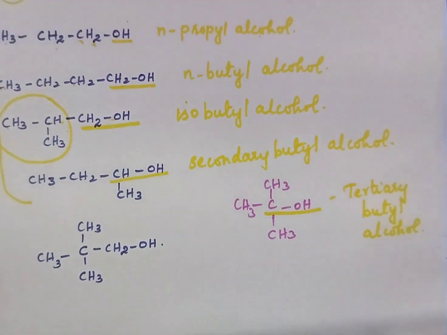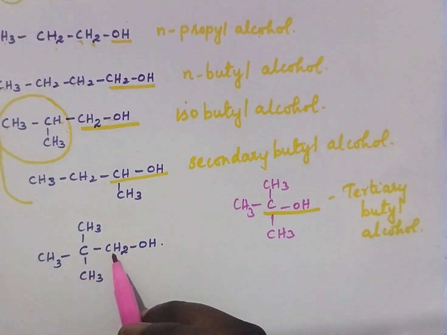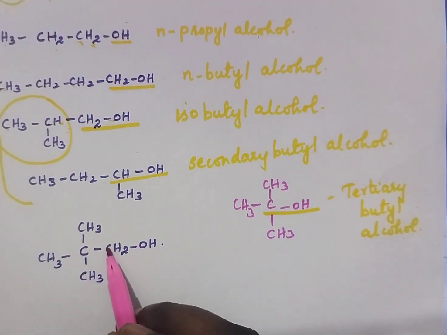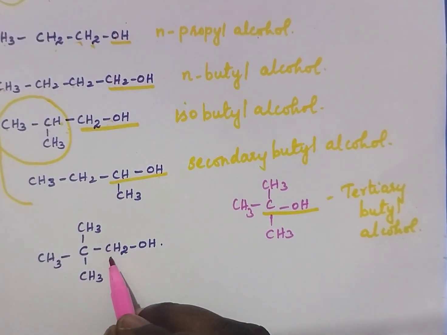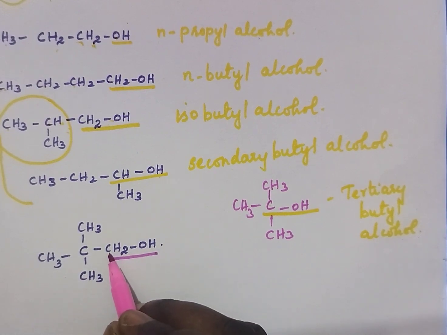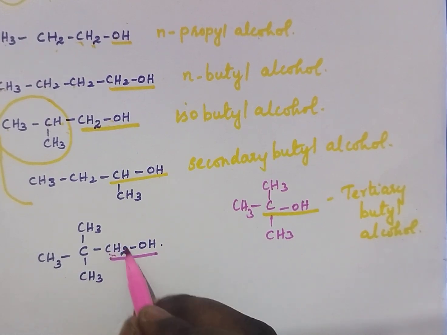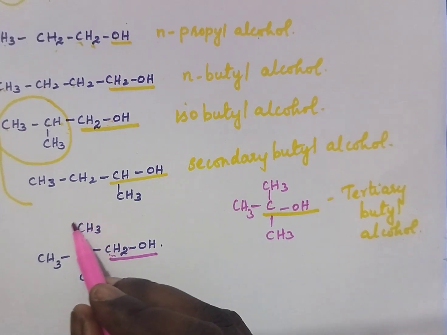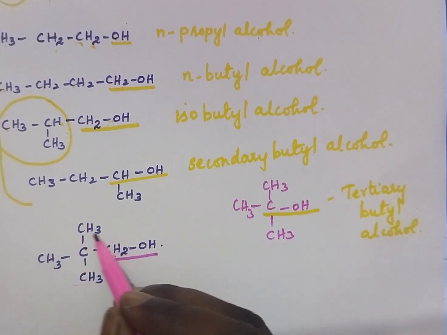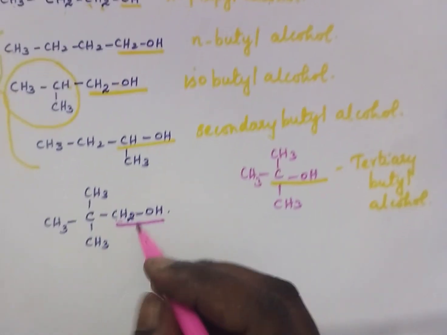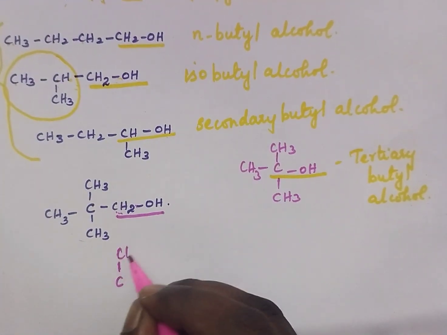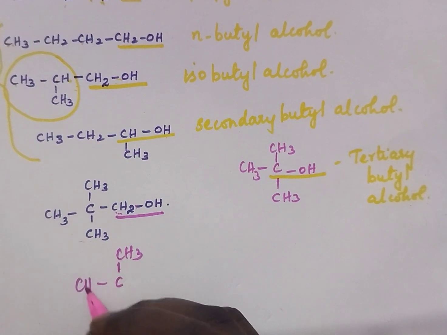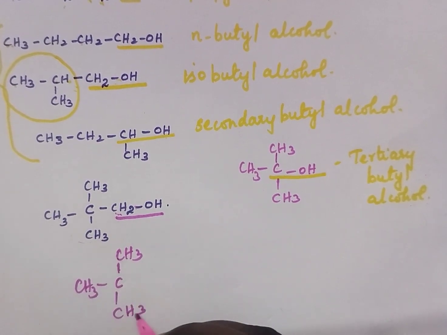Then let's come to the number of carbons 5. Here the number of carbons is 5, and the hydroxy group is attached to the carbon which is CH2, so this is primary. But here the carbon is surrounded by 4 similar groups, that is C, CH3, CH3, CH3, CH3.